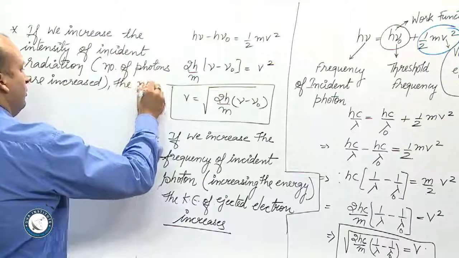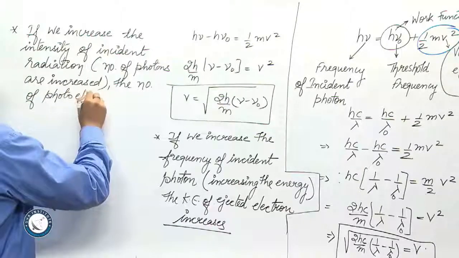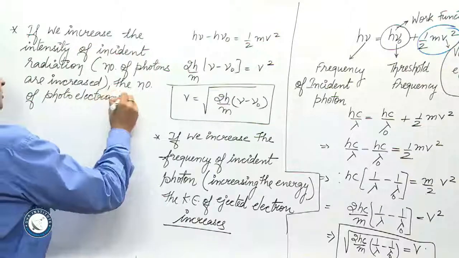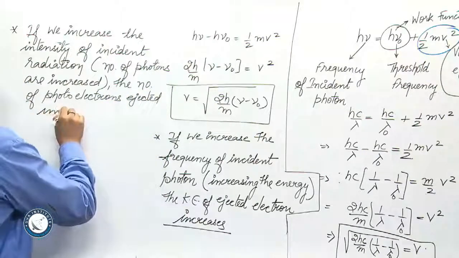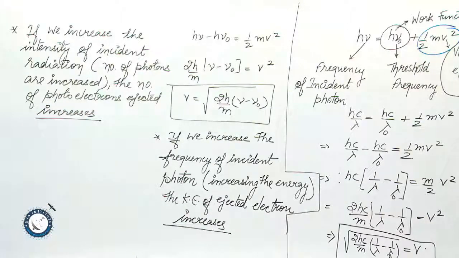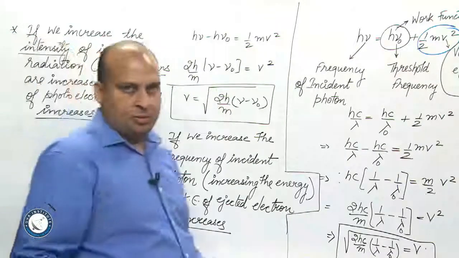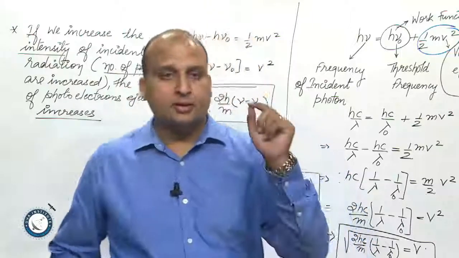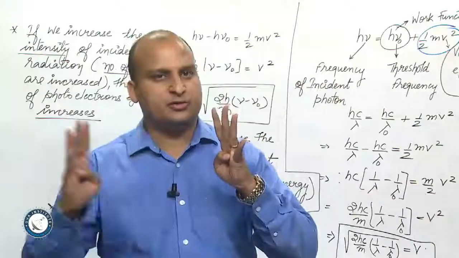The number of photoelectrons ejected increases. Beta, intensity is number of photons. Suppose, see beta, one photon will eject one electron. So if 4 photons are coming, 4 electrons will be ejected.